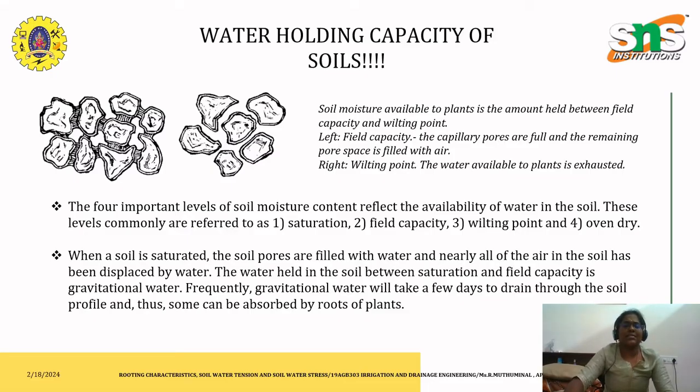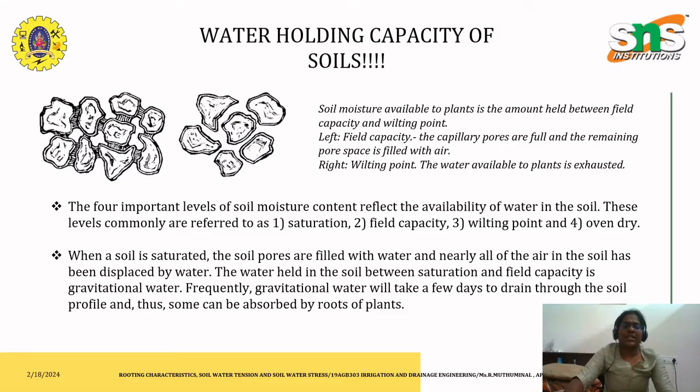These stages which we have been describing depend upon the capacity of the soil. That is what we call water holding capacity. As you can see here, I have shown it in a picture. From the left, it is the field capacity, where the pores have been filled with water, and some capillary pores are filled with air.